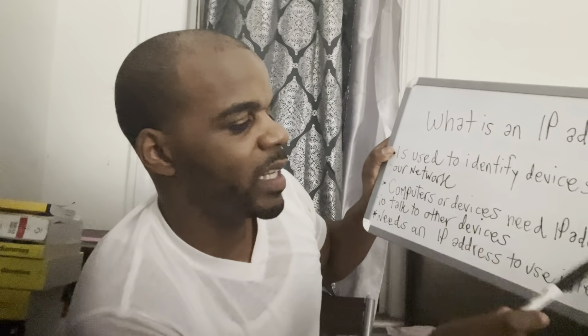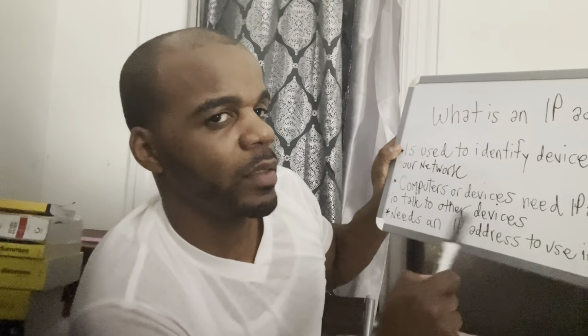Computers or devices need IPs to talk to other devices. So let's say I want to talk to another device. Let's say I'm using a computer on the second floor and my friend upstairs is on the third floor. Let's say I want to send him a message via email, via WhatsApp.